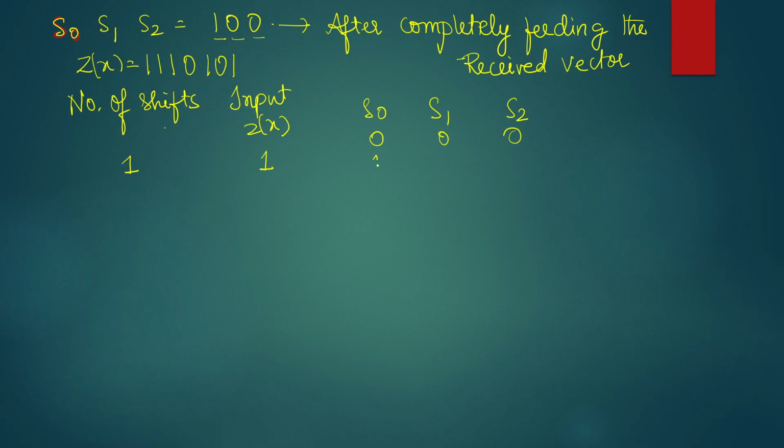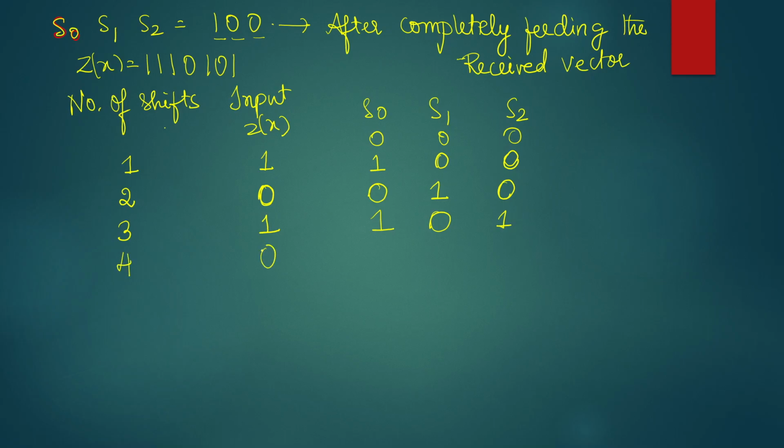Your s0 will be equal to 1, s1 will be 0, because 0 plus 0 is 0, 0 plus 0 is 0, and s2 will be 0. Coming to the second shift, where you are entering the incoming bit 0, then 0 plus 0 is 0, 1 plus 0 is 1, 0 gets shifted to the right, so this becomes 0. The third one, again bit 1 appears, so 1 plus 0 is 1, then again 0 plus 0 is 0, then 1 gets shifted to the right.